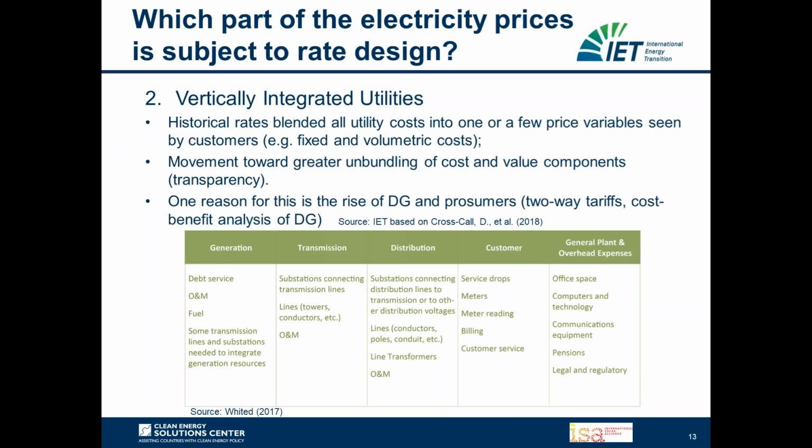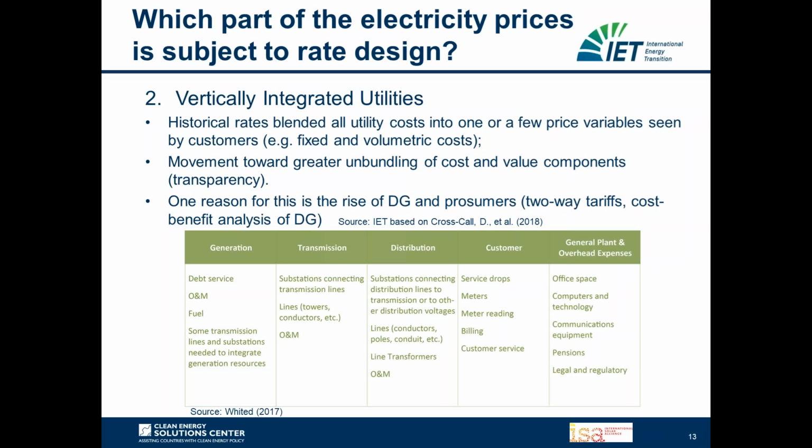When we talk about rate design, we're actually talking about all components. That means generation, transmission, distribution, and then also the supply of electricity to the final customer. So all of these components are then bundled together and usually just highlighted in a few prices that are shown to the customer, for instance, fixed and variable cost.